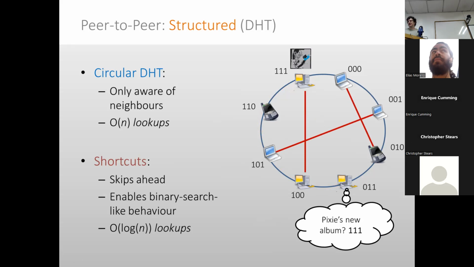So in this case, if the same peer asks again for the Pixies' new album, they can use the shortcut this time to find it after 2 hops. This can greatly reduce the number of peers that need to be queried. So we have all these different recipes for client server and peer-to-peer style architectures.